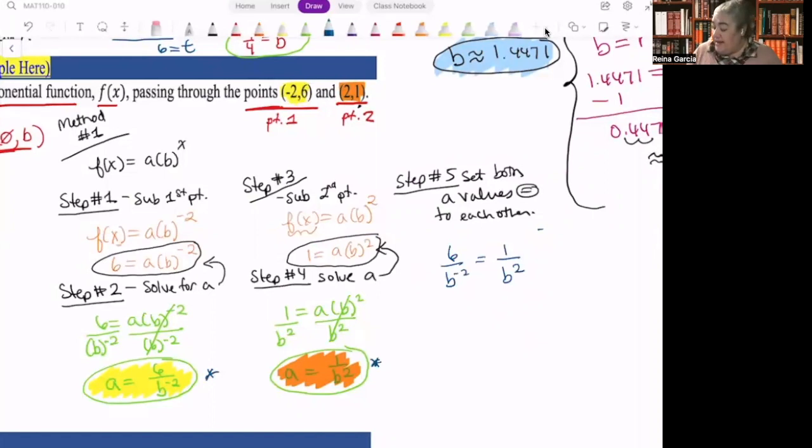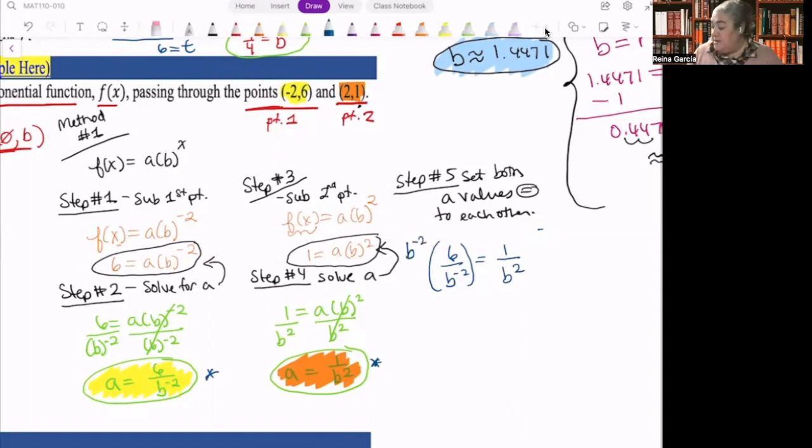So the easiest way that I can see to do this is this one, we would have to multiply by b to the negative 2, because in essence, that's a fraction, and when you divide by a fraction, you're multiplying by its reciprocal. So this is 1 over, if we leave the 6, this is 1 over b to the negative 2. So we multiply by the reciprocal, which is b to the negative 2 over 1.